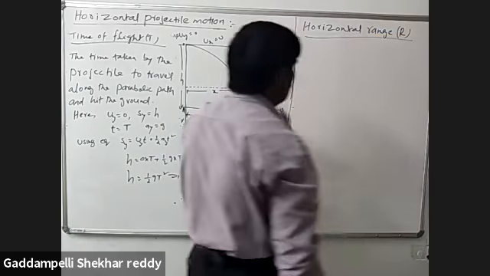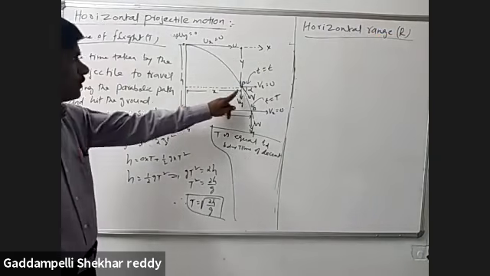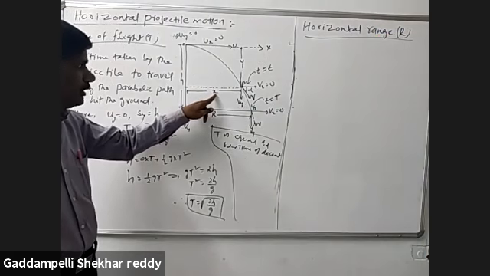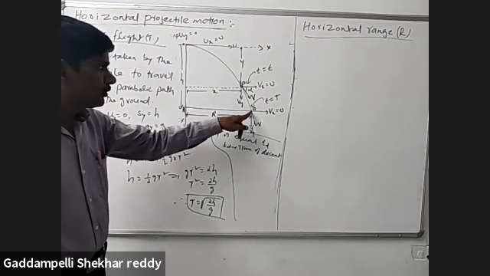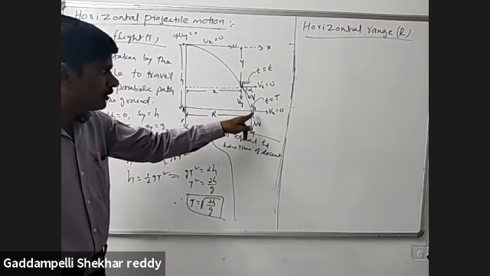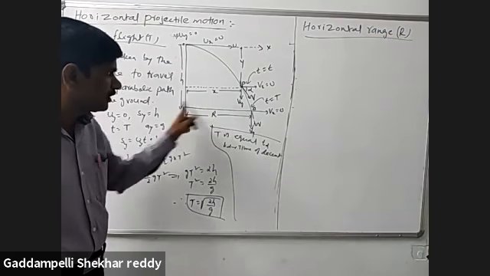At point P, we consider only the horizontal distance up to point B. Further there is no horizontal distance, so it reaches the maximum value.